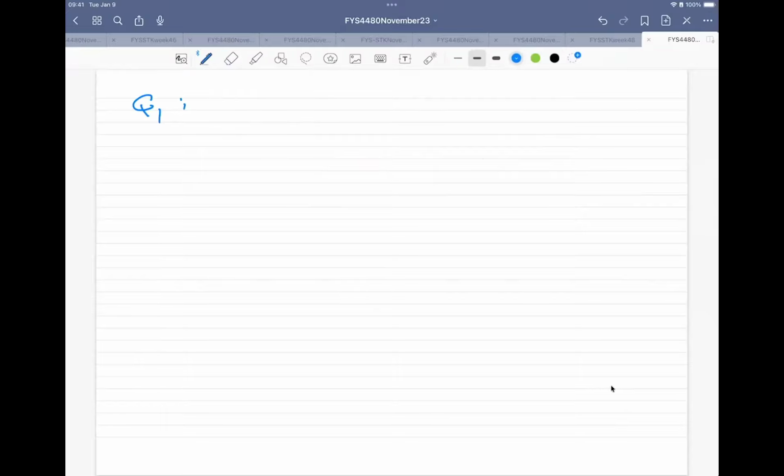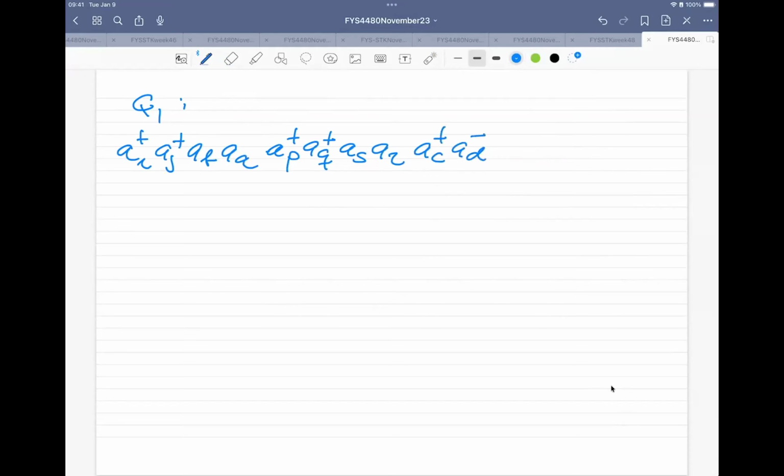So let me just redo it. And now I skip the state we end with and start with. So a_i, a_j, and then I have a_b, a_a. So this is my bra side. I have the two-body operator, a_q, and then I have an a_s and a_r. And then I have the next one, which is an a_c, a_d, creation operators, and then I have an a_l, a_k.